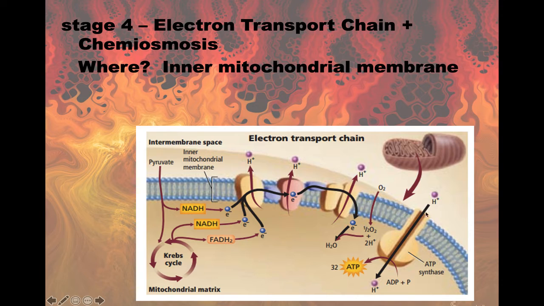You get the hydrogen, there ends up being more hydrogen outside than inside. So hydrogen obviously wants to go from where there's lots to where there's not very much. And the only place that it can go is through this thing that looks like a butternut squash. That's an enzyme called ATP synthase. And as the hydrogen goes through there, it uses that energy carried with the hydrogen to make some ATP.